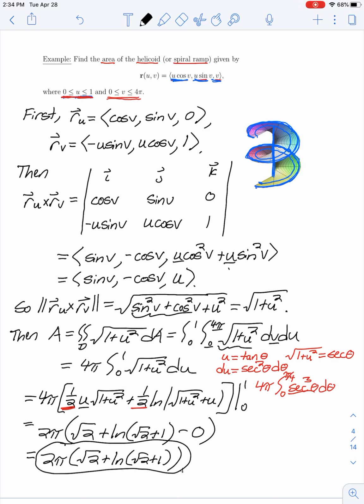So this would be the area of that spiral ramp figure. And here again, probably the most difficult part of this problem is trying to find an antiderivative of the function that we get after setting up our iterated integral.